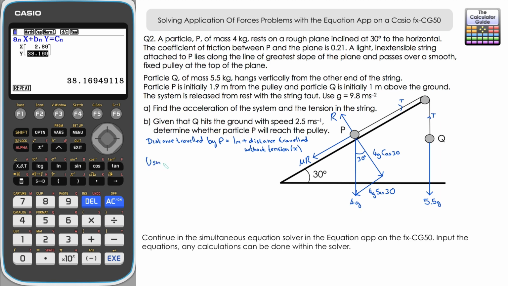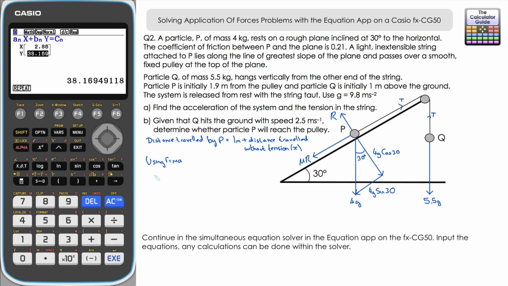So let's just take a moment to form an equation for what happens once the tension is gone. Let's use F equals ma again, so that we know that the forces acting are now just the friction force acting in the opposite direction of motion and the parallel component of the weight, and that equals 4a.